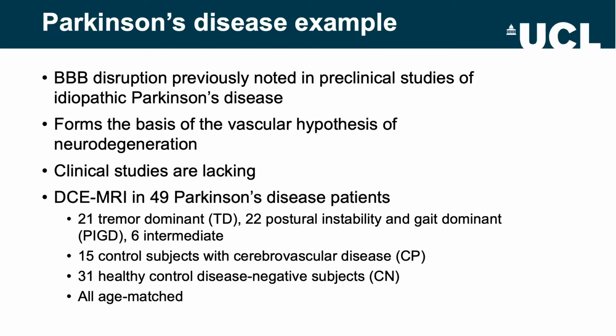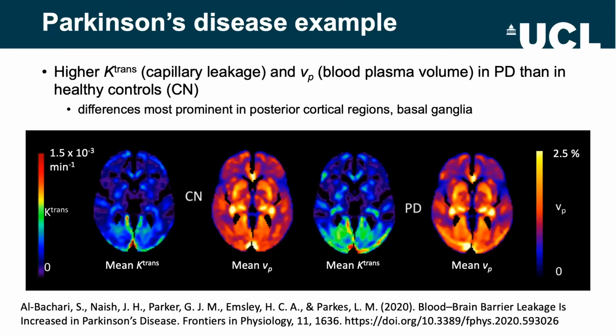And I'm just going to show the results of the healthy controls versus the Parkinson's patients. And so the point of what I'm showing here on this slide is the results from that study, where we have taken each of the individuals and generated a group map of the parameters of interest.